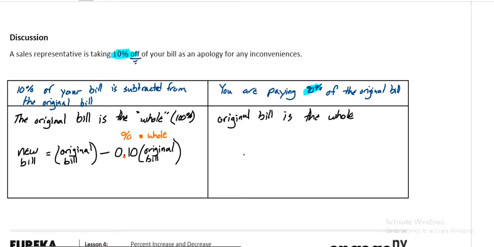And then to find your new bill, or the bill you have to pay, you could save yourself a little step, and you can just do 0.90, 90% multiplied by the original bill. Saves some time. So you have two choices for equations, two different ways of thinking of it.